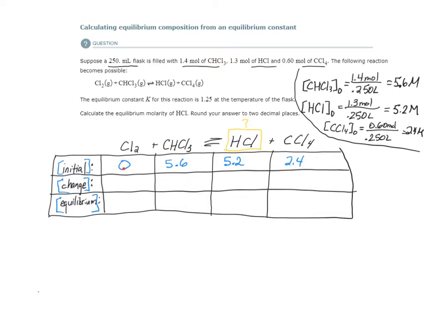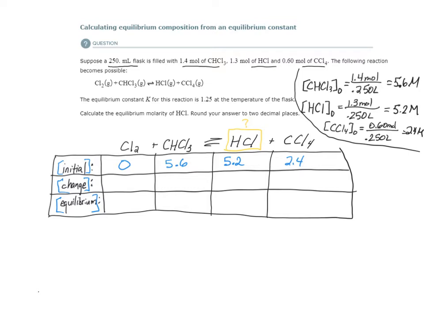So even though we don't have any chlorine gas to begin with, we will end up with some chlorine gas because we have these products here. And there is a reverse reaction where these can produce our reactants, just like our reactants react together to yield our products.